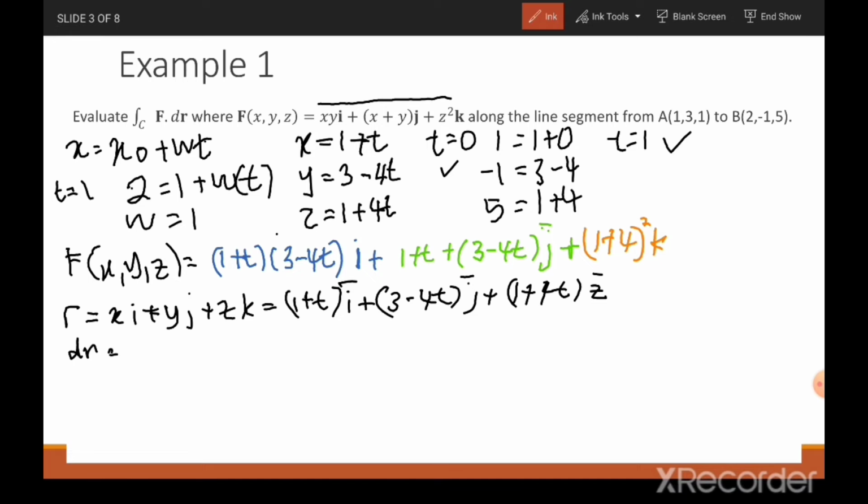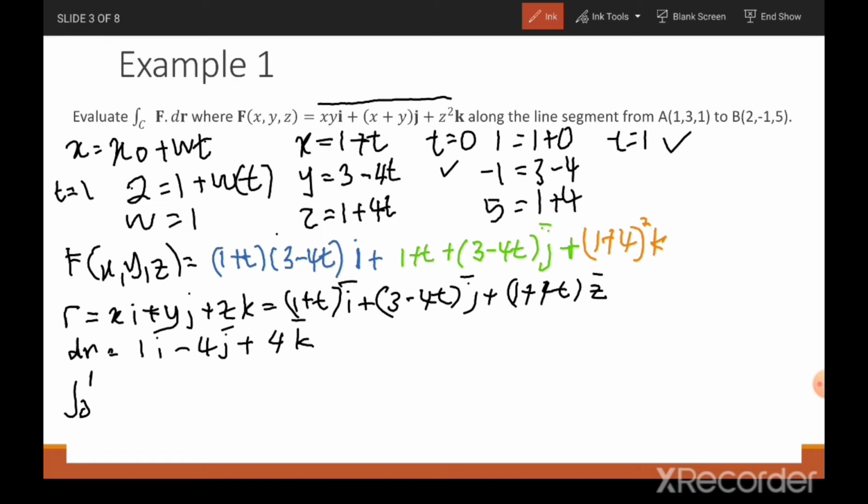Then we differentiate this one. 1 plus t, if you differentiate you get 1. Negative 4t, differentiate you get negative 4, and lastly 4t, differentiate you get 4k.